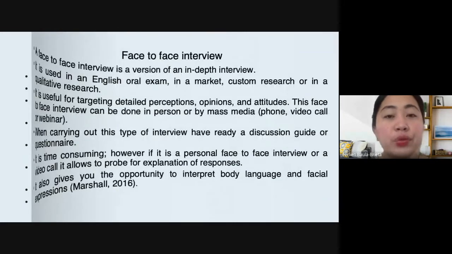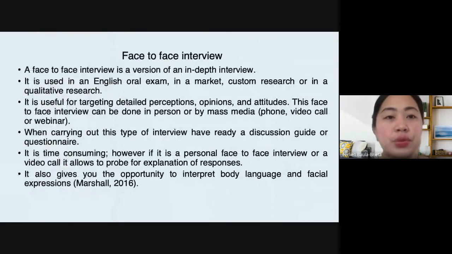Now, moving forward to face-to-face interview, this is a version of an in-depth interview. Okay, so it is useful in different disciplines, and it is useful in pharmacy also. It is useful to target detailed perceptions, opinions, and attitudes.